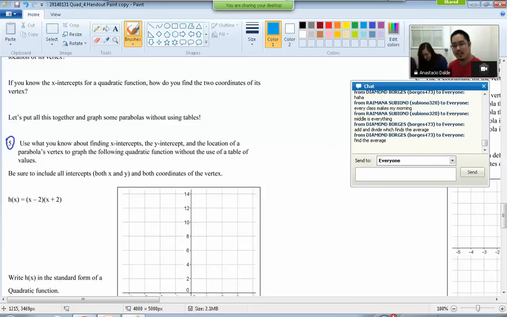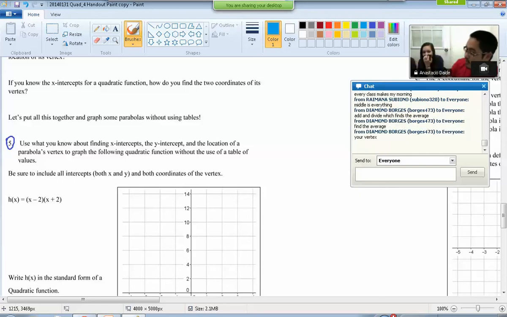If I know... Okay, I like what Diamond says. I'm going to find the average. But Diamond, what will the average tell me? Where the vertex is, it will only tell me one part of the vertex. It will tell me what the x value of the vertex is. How do I figure out the y value?